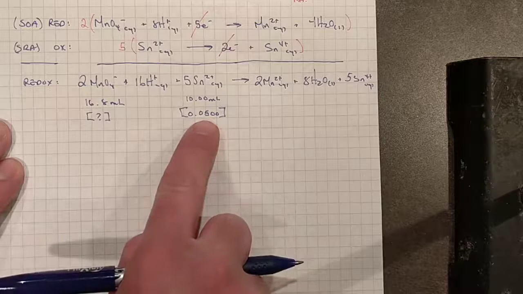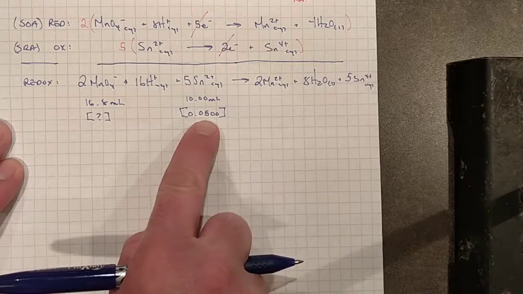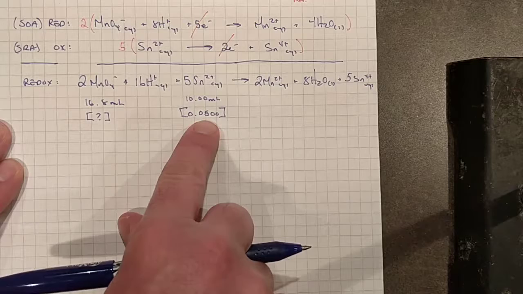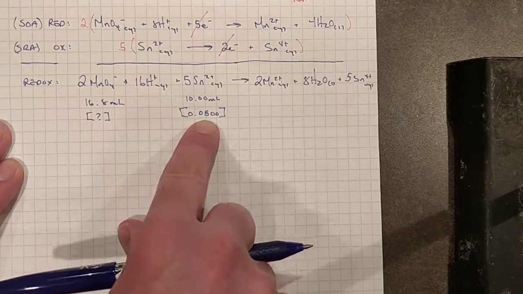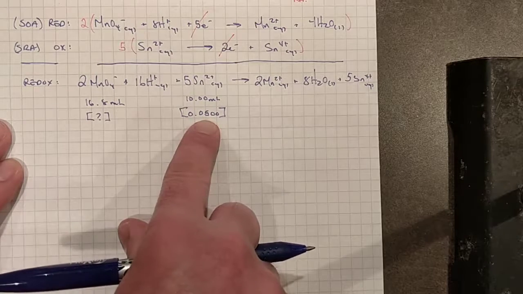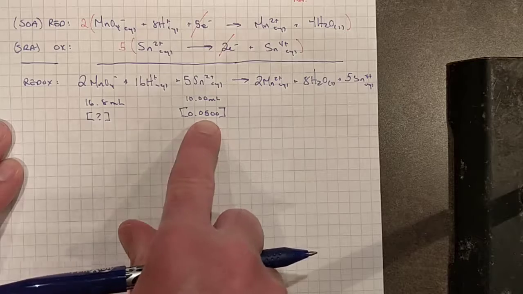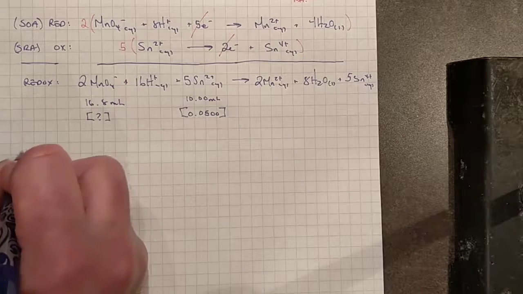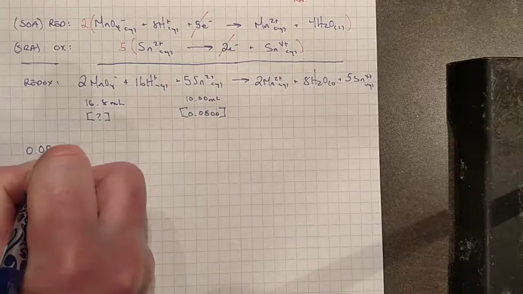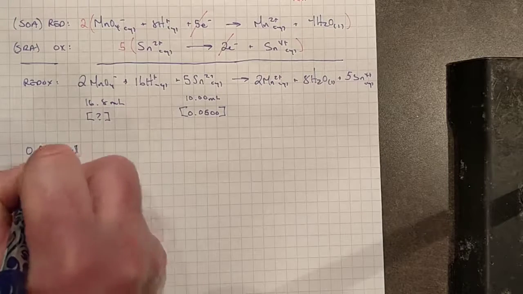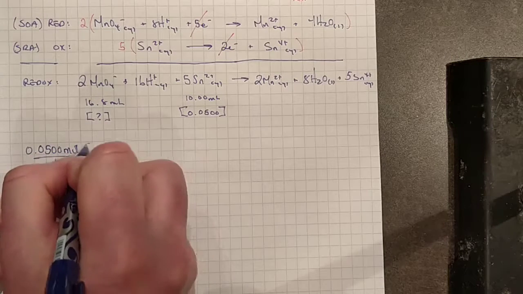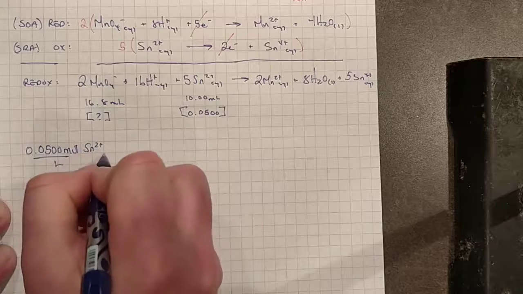So now we can do our stoichiometry. We have information about our tin 2. We know we're looking for a concentration at the end, so why not start with concentration to begin with, and that way our units will automatically work out. So we now have 0.0500 moles per liter of Sn2+.